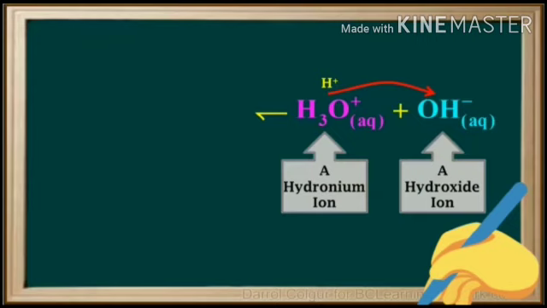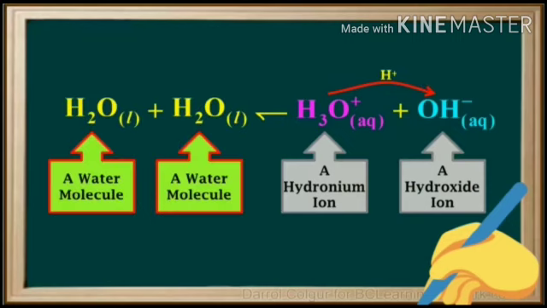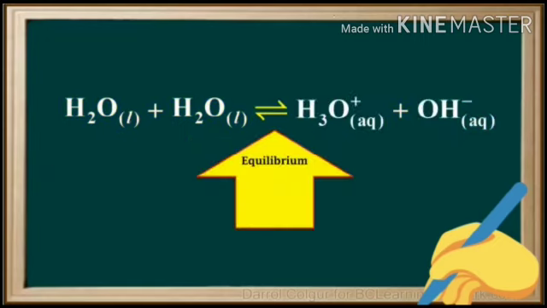This H3O plus gives H plus and becomes a water molecule. So it is given as equilibrium. Ionized water molecules and unionized water molecules are at equilibrium.